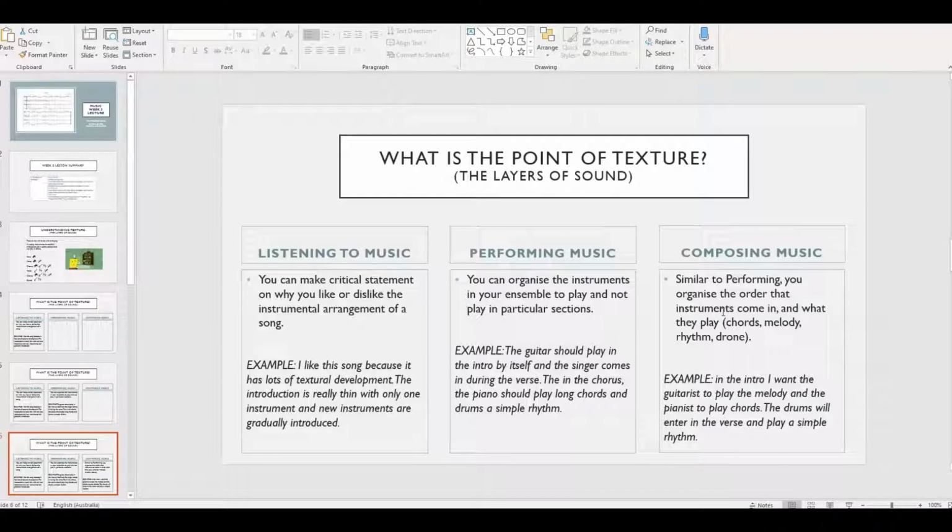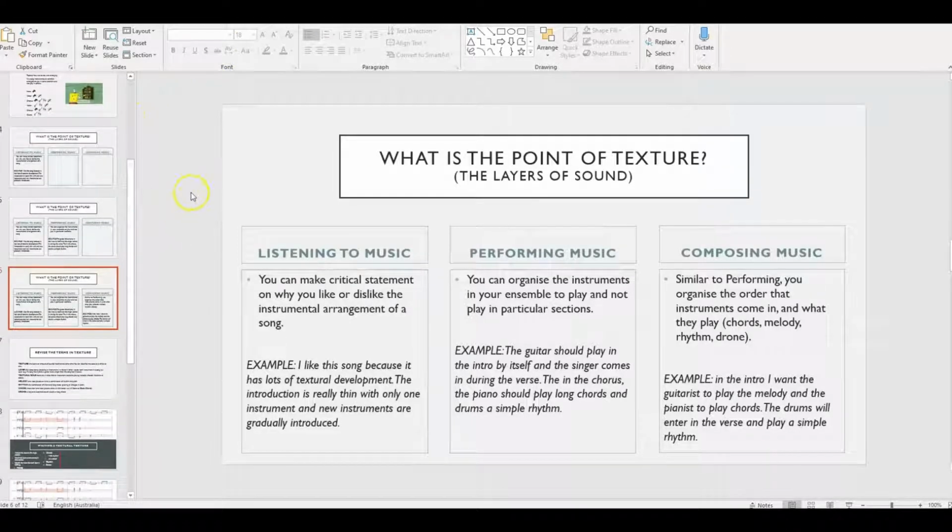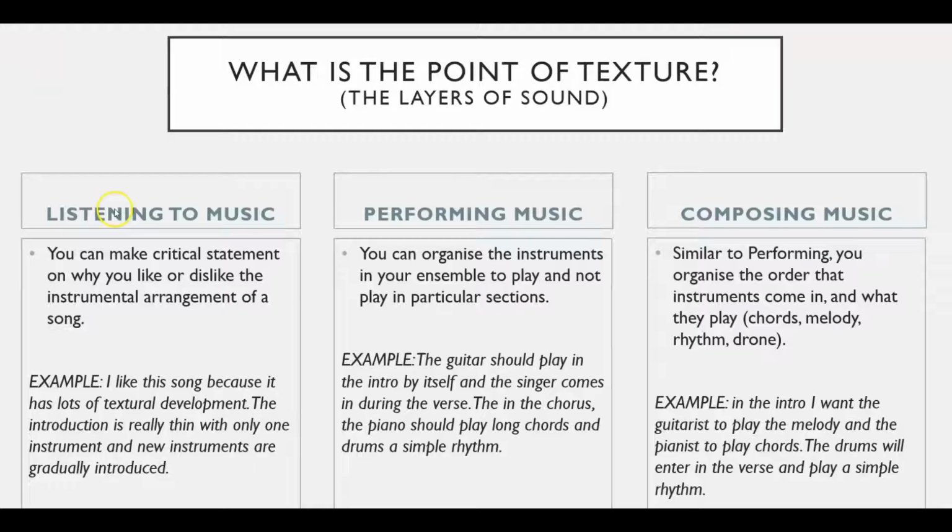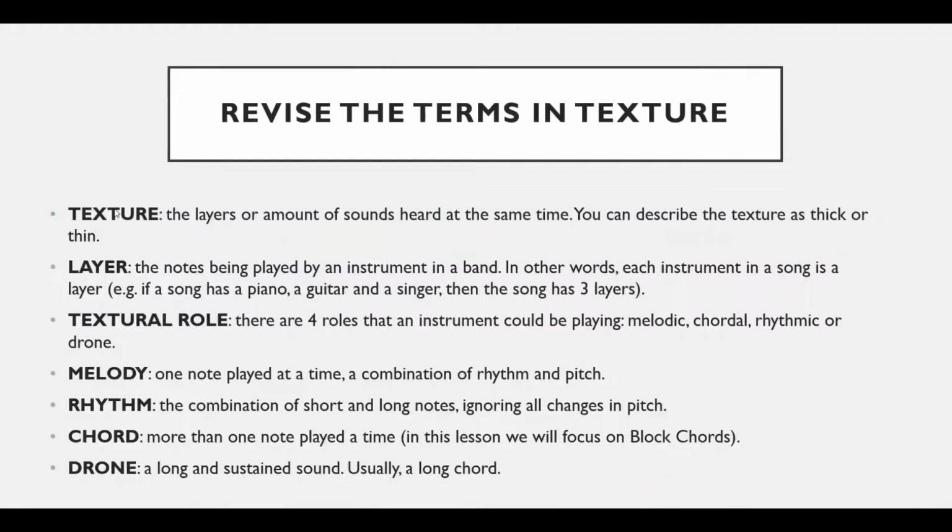So hopefully you're seeing the purpose of texture and why we need to learn about it. So with all that in mind, let's just go back to the work we talked about last week. Texture is the layers that you can hear in a song. And layers are basically all the instruments that you can hear.